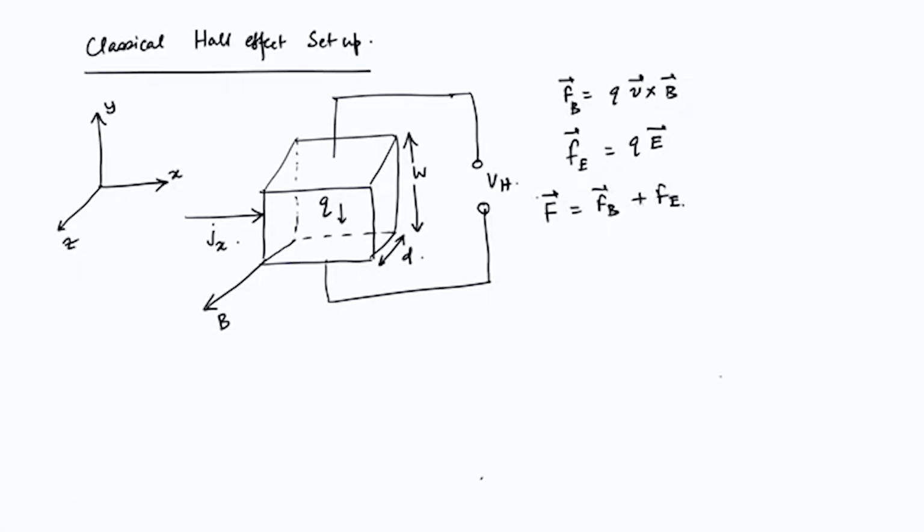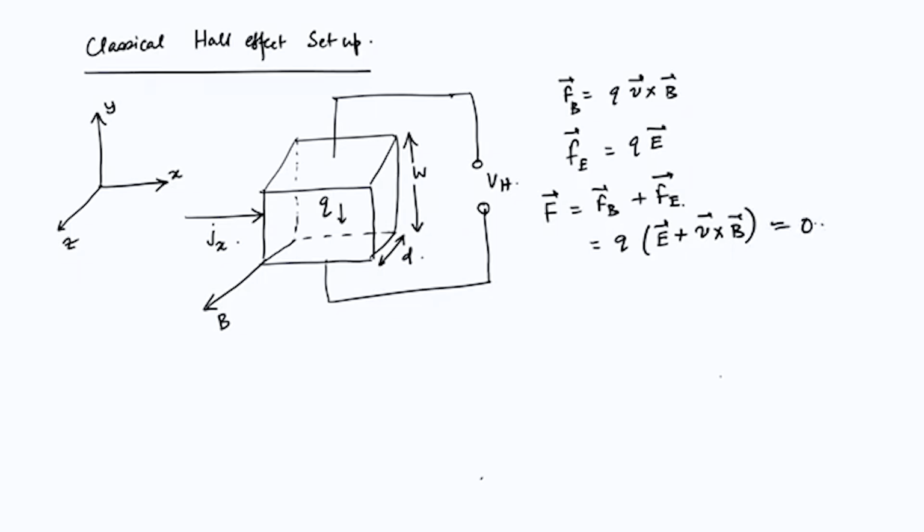The electric field is because you are passing a current. There is a battery that is connected, which I have not shown, but that is there, and that is why you have an electric force. So this is equal to Q into E plus V cross B, and this at equilibrium is equal to 0.